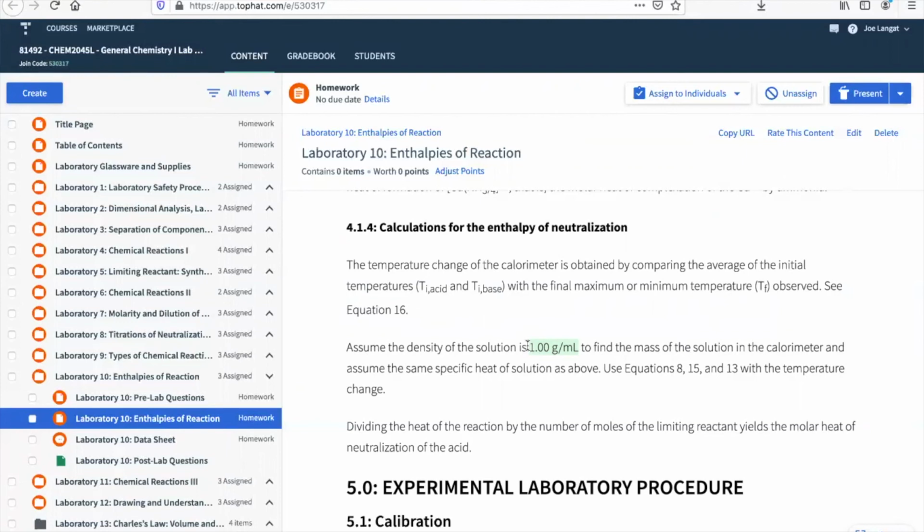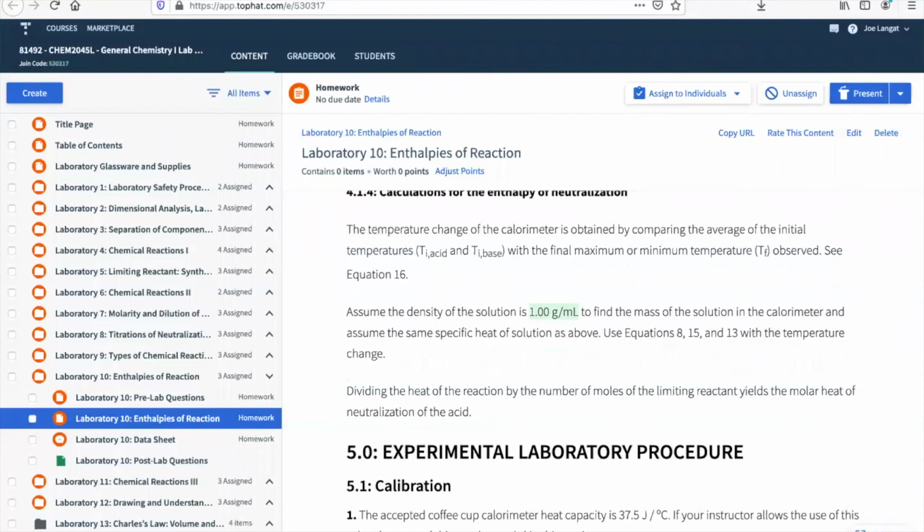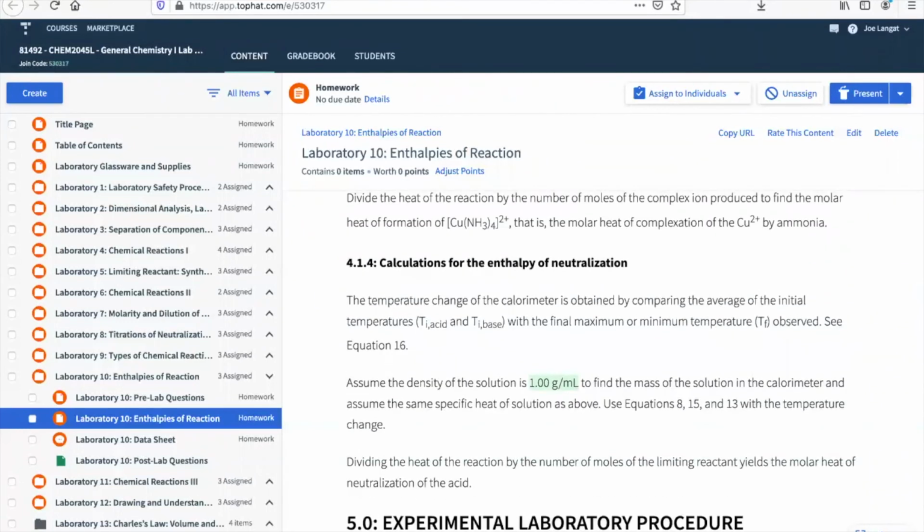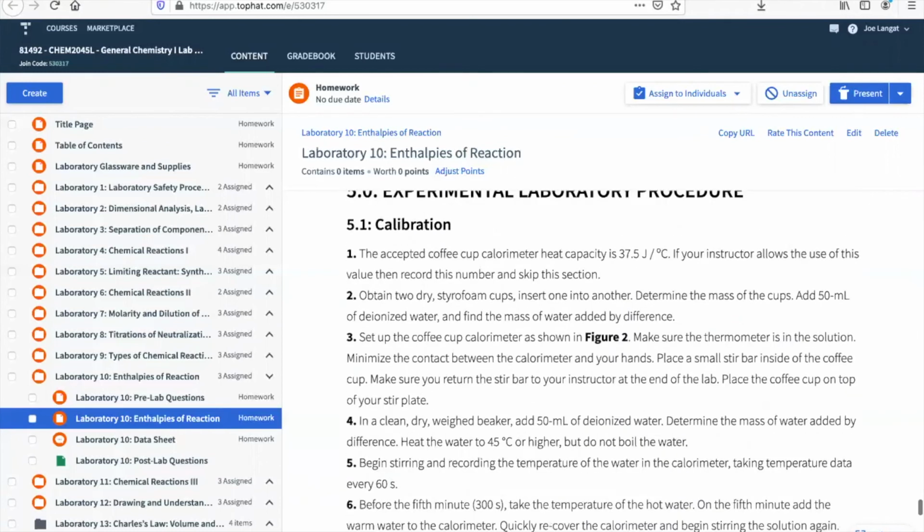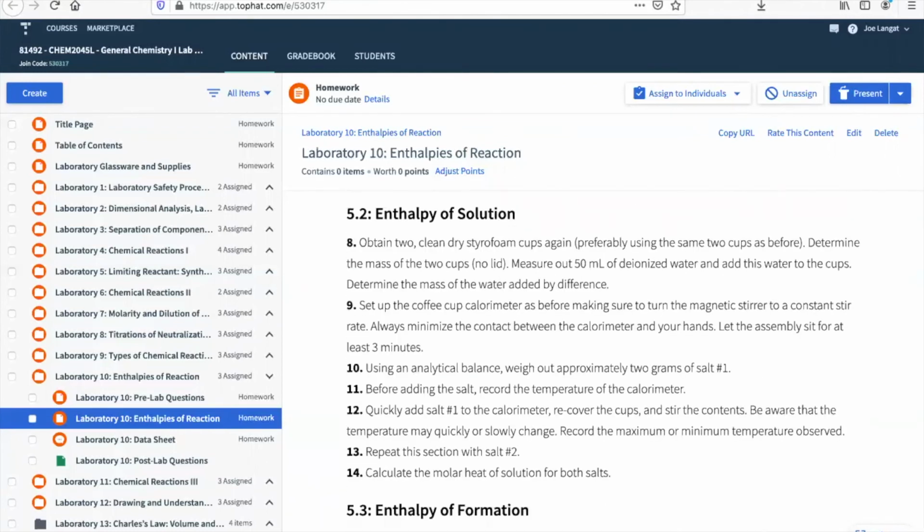That means the specific heat will be 4.18, just as we assumed before when we were doing the calculation. So you need to pay attention to this assumption here. This is the density of the solution, and the specific heat is the same as we assumed before, that is 4.18.